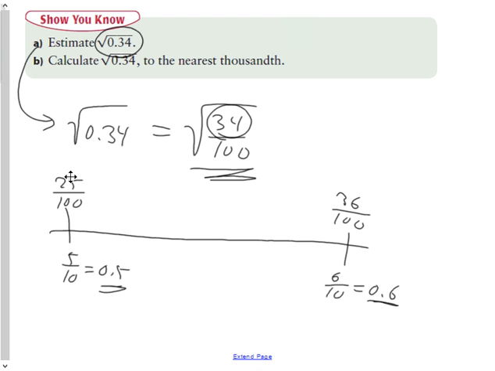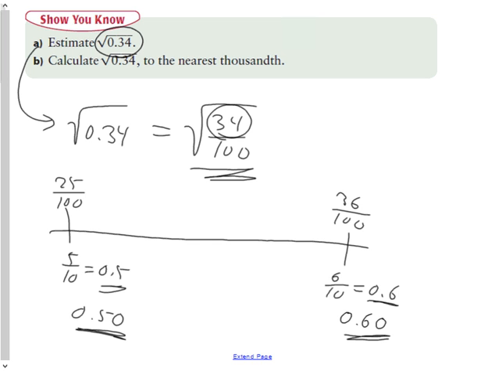Or if I want to think about money, it will be between 50 cents, I'm going to add an insignificant zero there to make it a little bit easier, and 60 cents. Okay? So these are the two benchmarks we're going to use. Those are our benchmarks there.